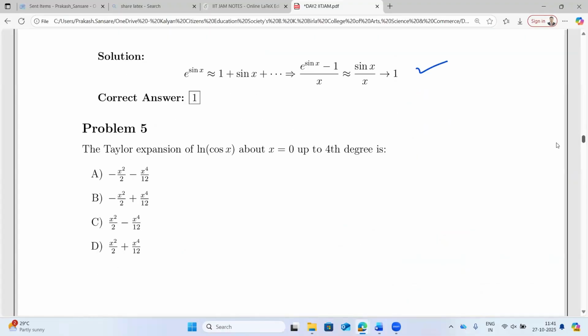Okay. Now the next question: the Taylor expansion of ln cos x about x equal to 0. So now here my f of x is equal to ln cos x.